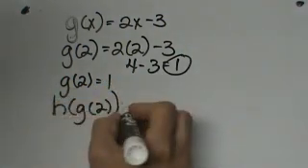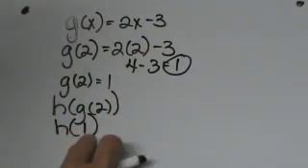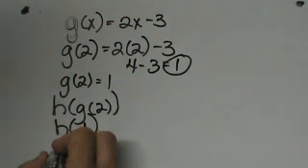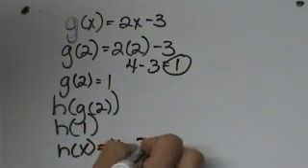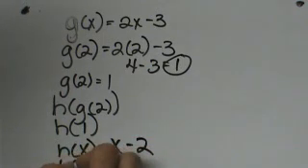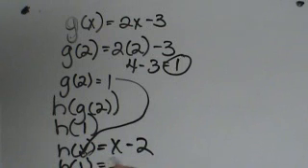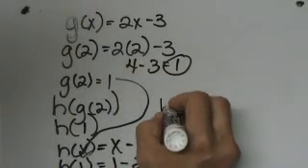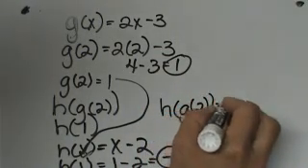So we're going to take the answer to that, and we're going to evaluate h of 1. Okay, so h function is x minus 2, and we're going to evaluate it for that 1 that we just got out. We're going to plug it in and get 1 minus 2, which is negative 1. So the answer would be h of g of 2 is equal to negative 1.